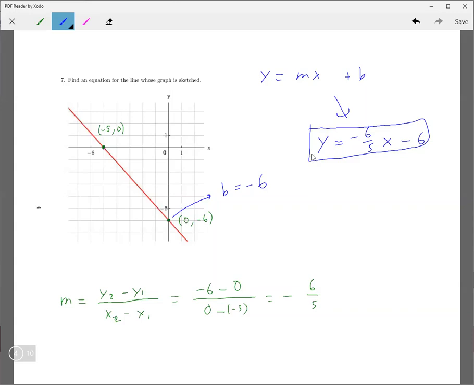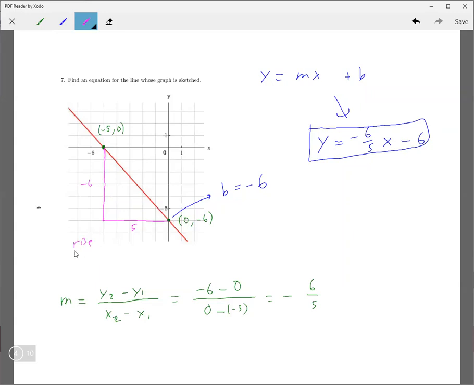The other way that you can find the slope is by using the rise over the run concept. What you do for that is you'd say, okay, to go from here to here, I'm going down 6, and I'm going across by 5.